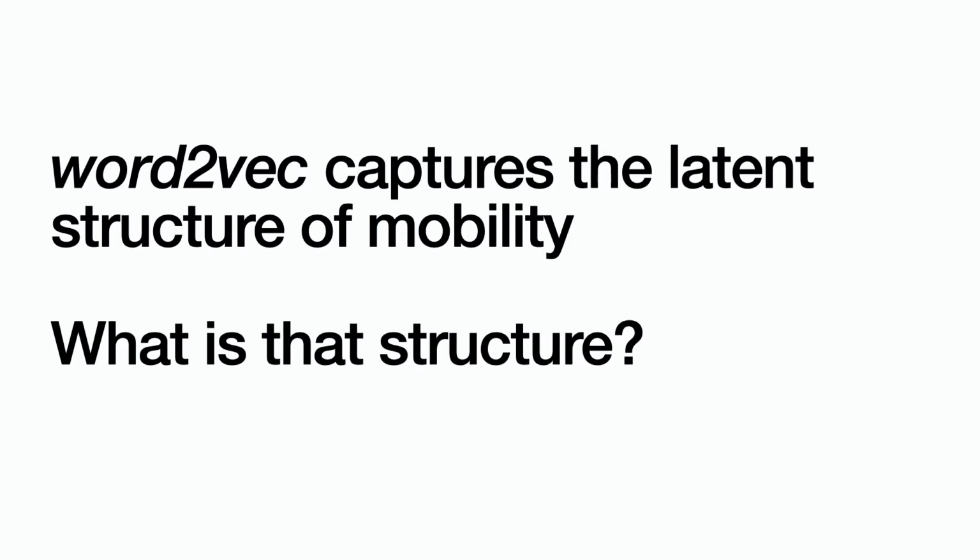Now we could say word2vec gives a reasonable functional distance between places and captures the latent structure of mobilities. Then let's look into the hidden structure from the representations.